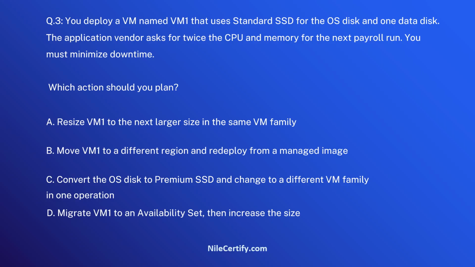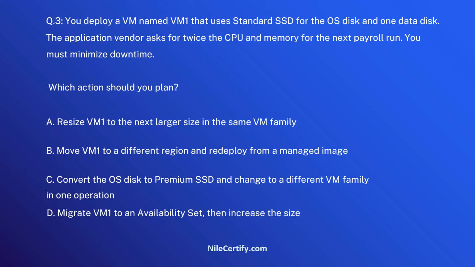Premium SSD can improve IOPS and throughput, but the question is about doubling CPU and memory, not a storage bottleneck. So this option adds complexity without directly solving the CPU and RAM need in the simplest way. This is also why it's a wrong answer.